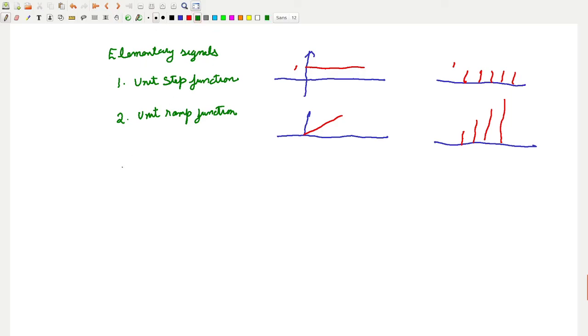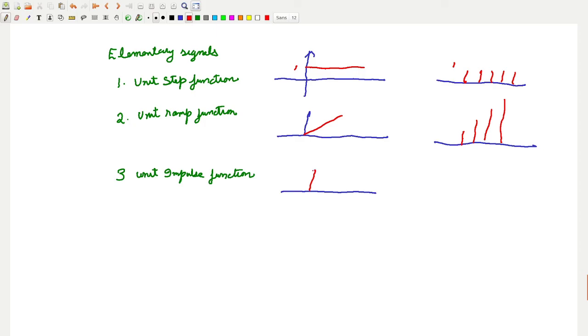Next elementary function is the unit impulse function. In this case, we will have just one impulse of magnitude 1. So here, at 0 you will have an impulse.